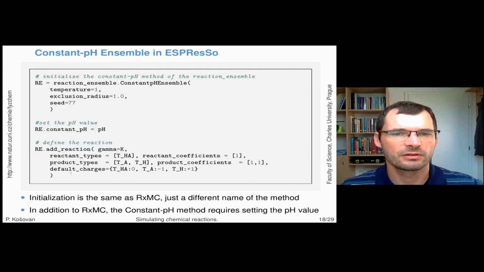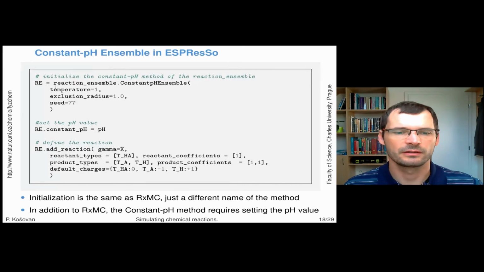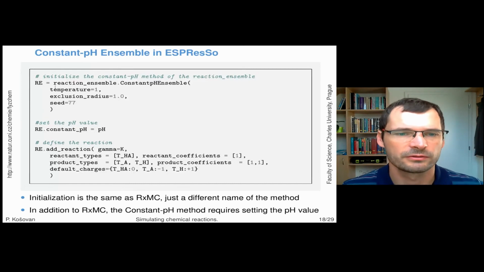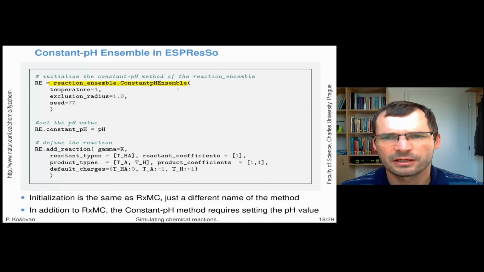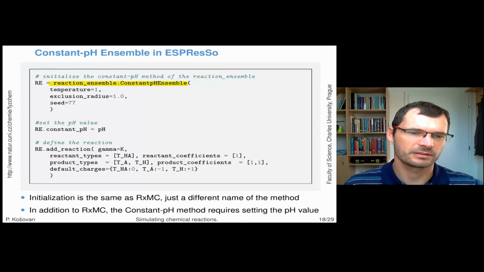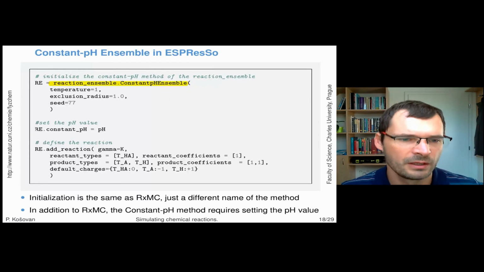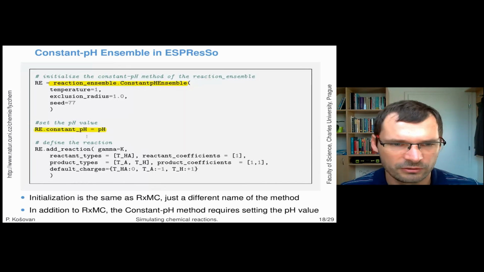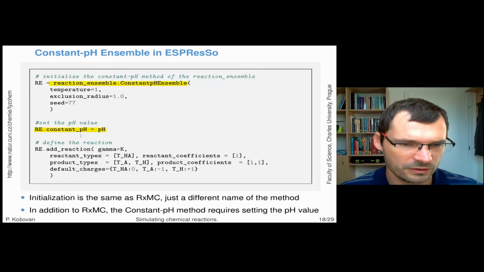In terms of using the constant pH ensemble in ESPResSo, the script looks very similar to the reaction ensemble. I call the reaction ensemble module, but I call the constant pH ensemble method. I provide the same input parameters as before, but before I actually set the reaction, I need to set the pH value as an input, and there is only one pH value as an input to all reactions within this constant pH ensemble.